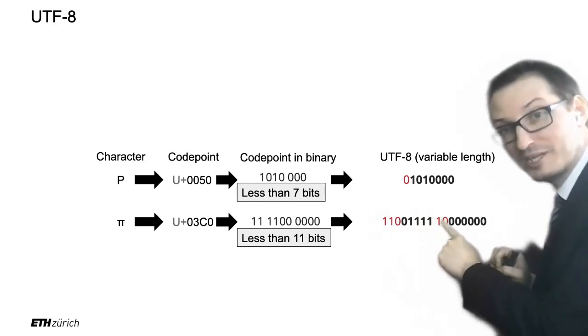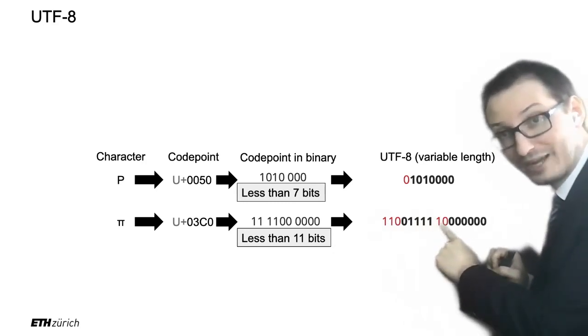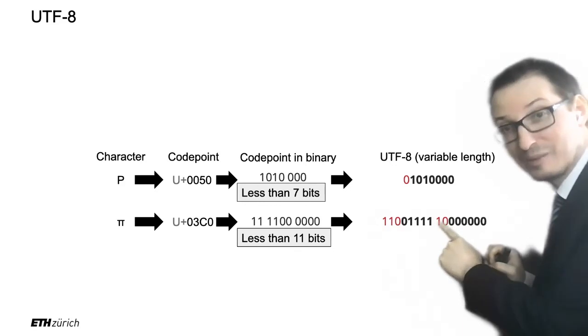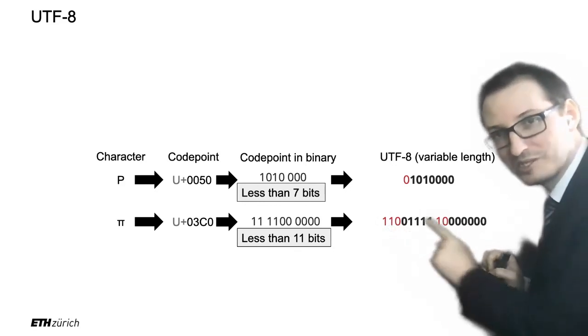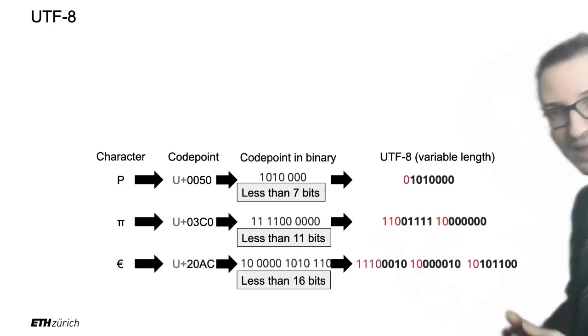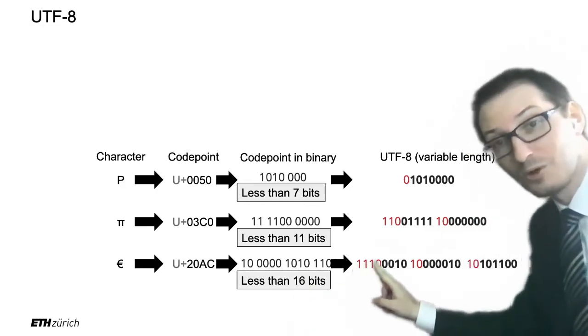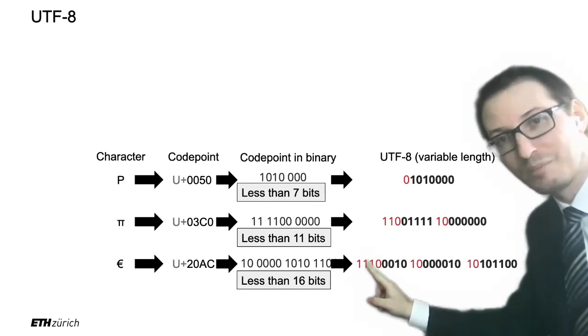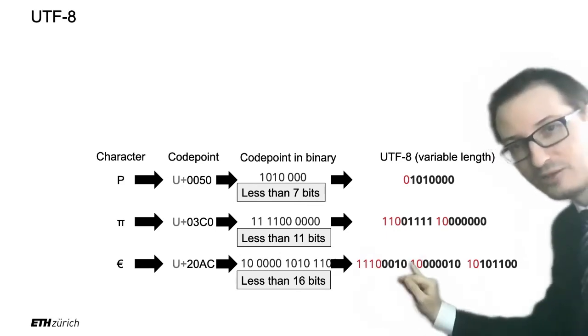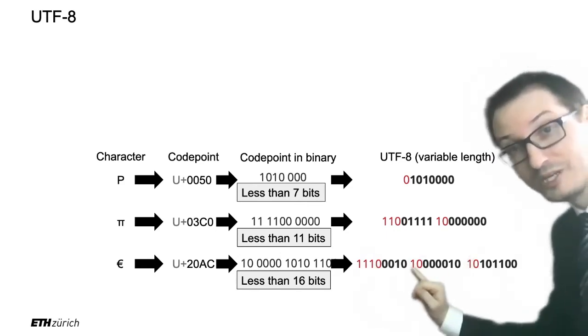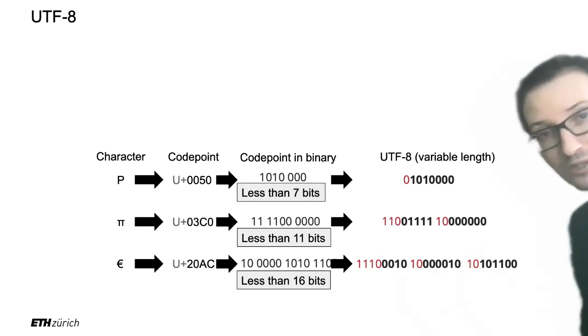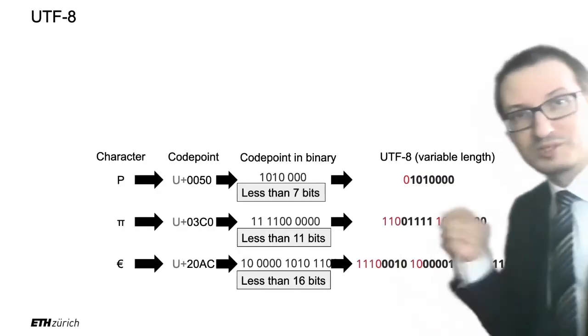And the 10 here is the continuation flag. It tells us this is another packet, but it's not standalone. It belongs to a series of packets, right? Then you generalize. If it's up to 16 bits, you have 1110 here. That tells you there are 3 packets, 1, 2, 3. And then you have this 10 again, the continuation flag. All right, so this is UTF-8.